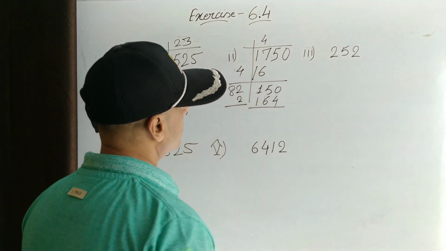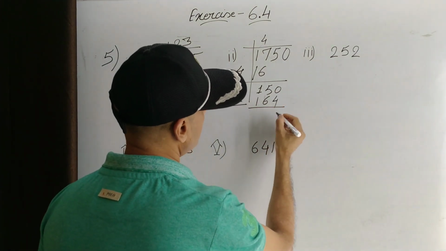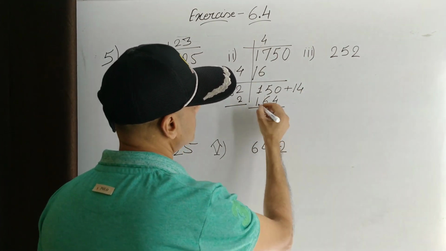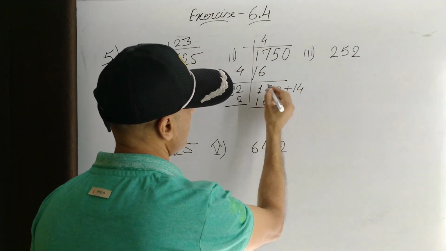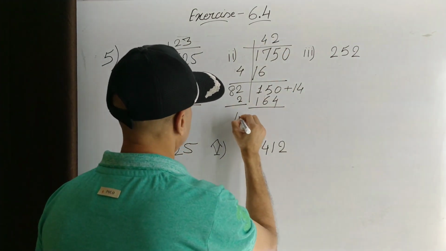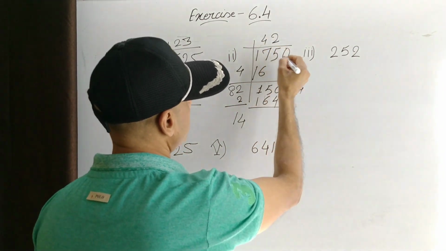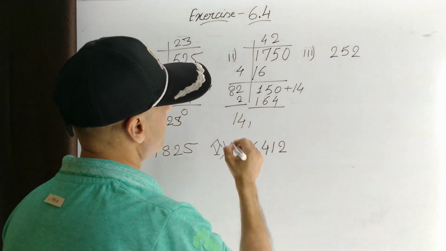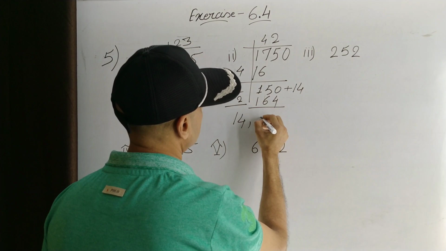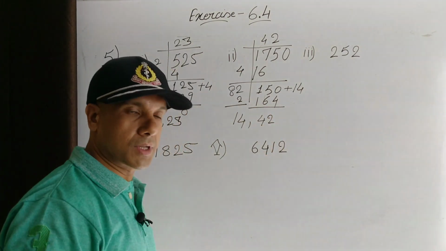Just a bit more than 150. Hence, if we add 14 to this, we'll get a perfect square. This will be 164, and we'll get remainder as 0. So we'll have to add 14 to 1750 to make it a perfect square, and that number's square root will be 42. Clear?